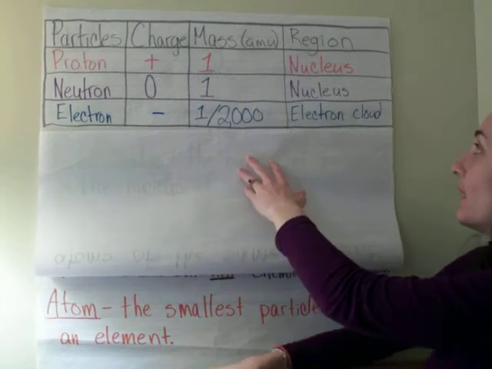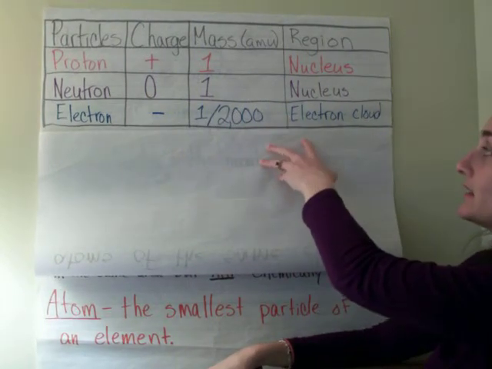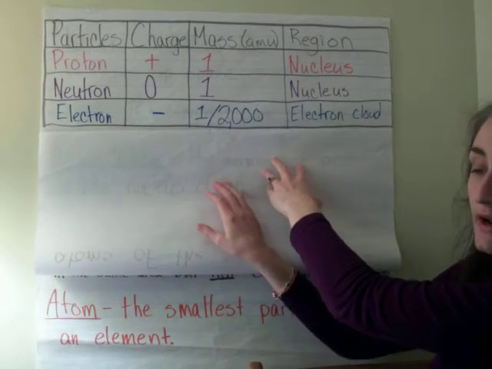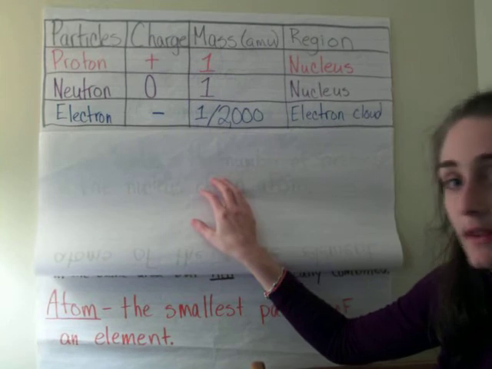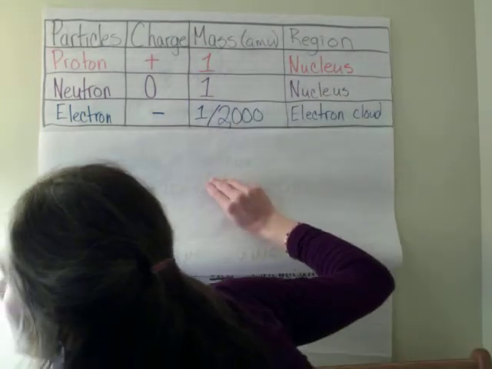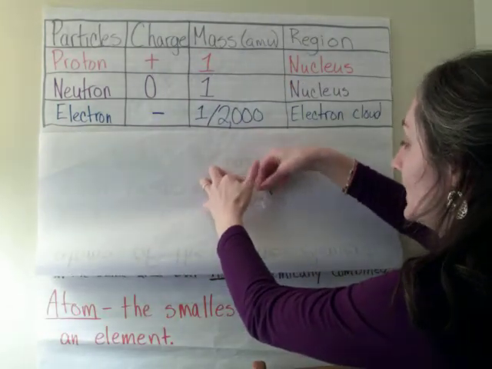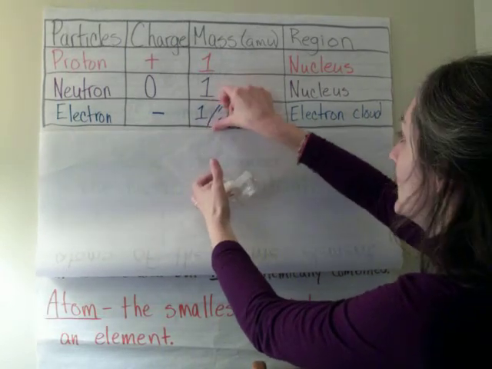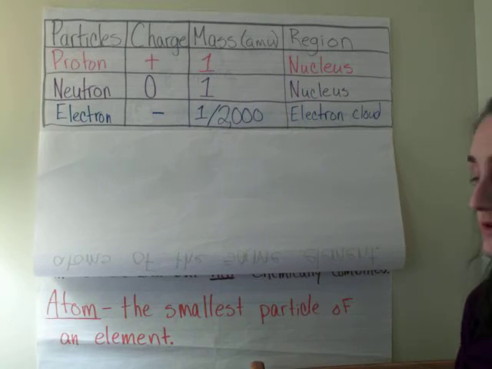So they're incredibly small. And the other way that they're different from the other two is through the electron cloud. That's the region where our electrons are found. They're not found in the nucleus.